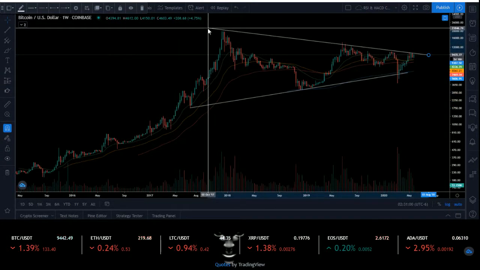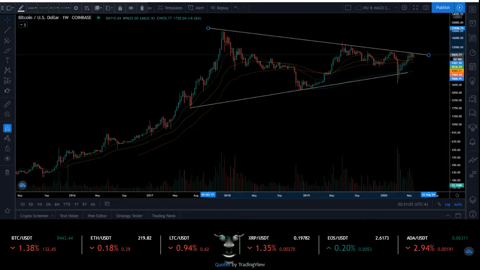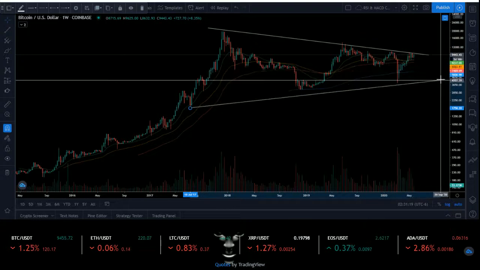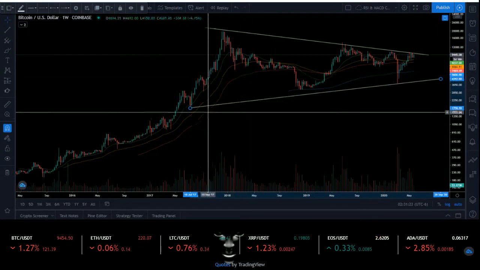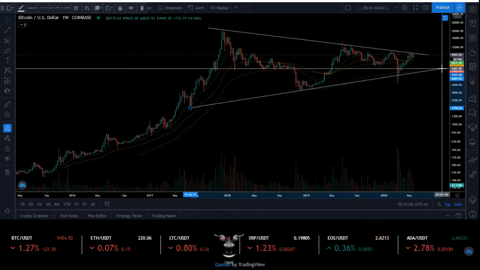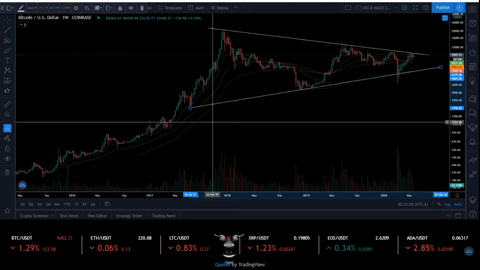So now we have a trend line on the weekly. That's what we'll do: we just connect the lines. This is our width, so we have to select that.